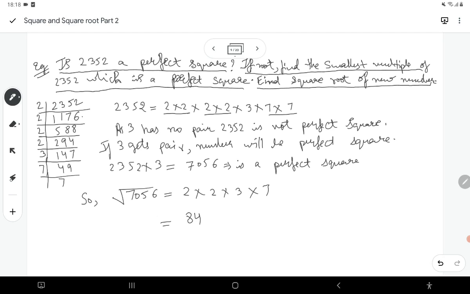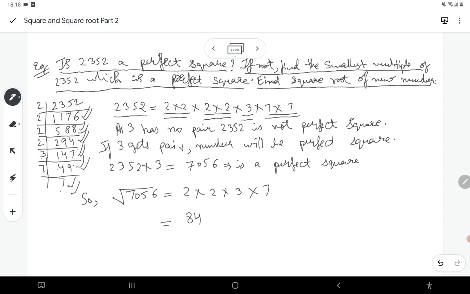So 2 1176s are 2352, 2 588s are 1176, 2 294s are 588, 2 147s are 294, 3 49s are 147, and 7 7s are 49. So the factors of 2352 come out to be 2 multiplied by 2 multiplied by 2 multiplied by 2 multiplied by 3 multiplied by 7 multiplied by 7.